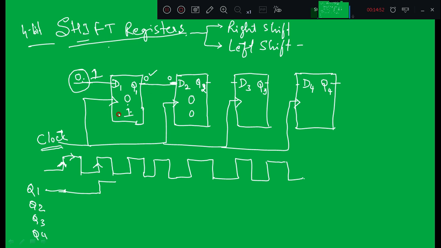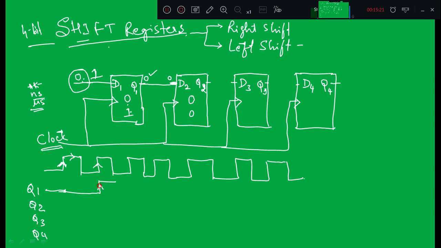What was the previous state? You should not consider this new Q1 value, right? Q1 will not change suddenly. Ideally I can say the value of Q1 changes suddenly, but practically, if I connect and see, it will take a very small amount of time to change, either nanoseconds or microseconds, but there will be a certain propagation delay.